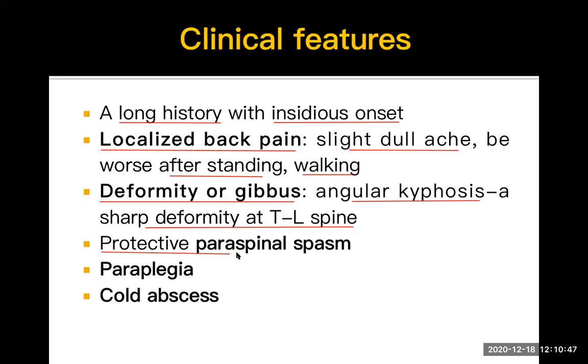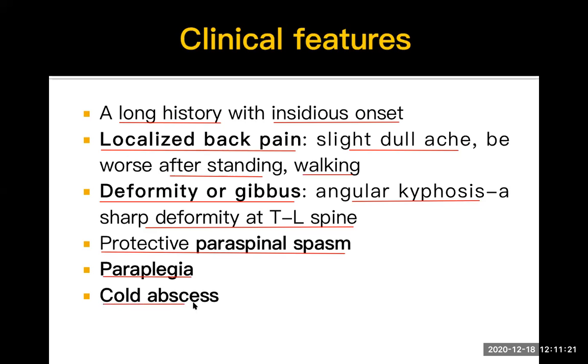Another is a protective paraspinal spasm. Why is the term protective written there? Because it is an involuntary type of muscle spasm. Whenever there is a disease of the bone, the muscle which surrounds that always develops contraction or spasm. So that can be felt there. One of the very important clinical features is paraparesis or paraplegia, weakness or paralysis of the lower limb because of the affection of the spinal cord.